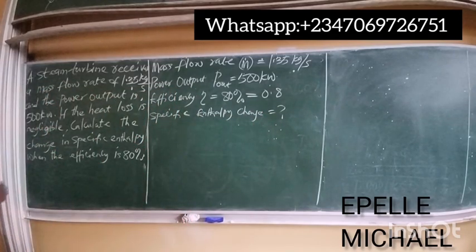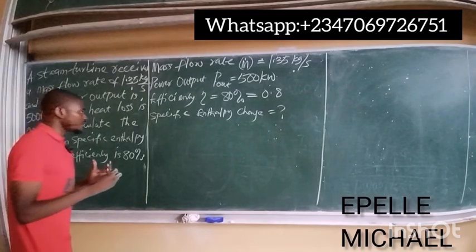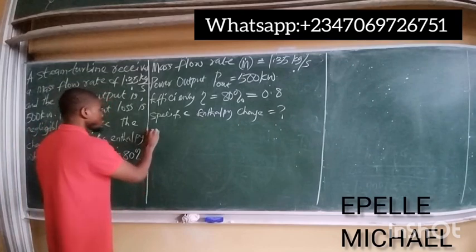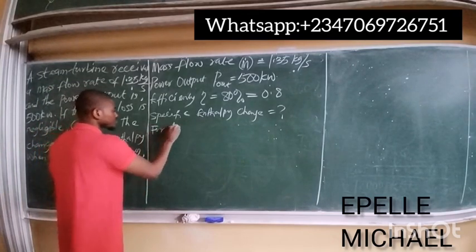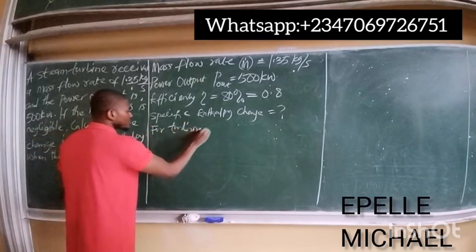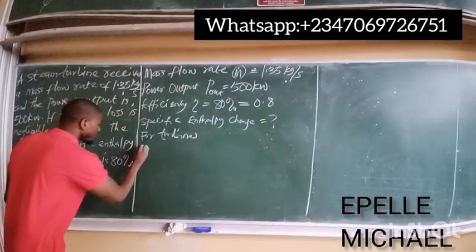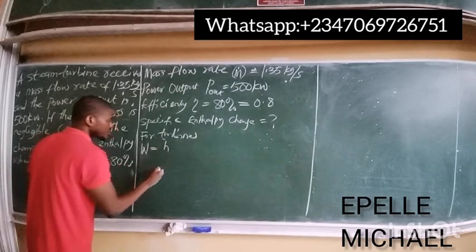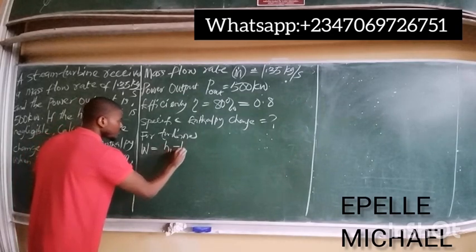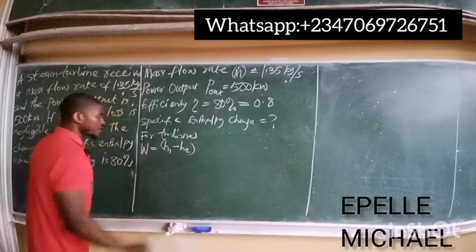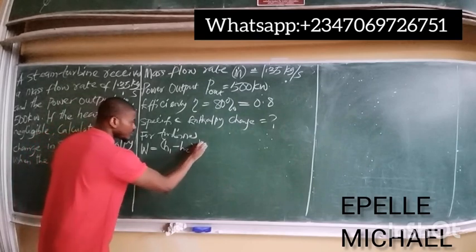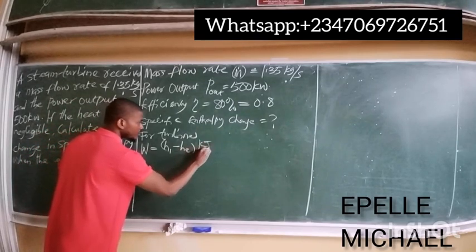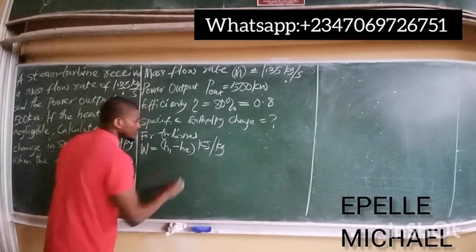All right. So first of all, they said a steam turbine. This is actually a steam turbine, and for turbines, the work done gives us the change in specific enthalpy, h1 minus h2, and this is measured in kilojoules per kilogram.